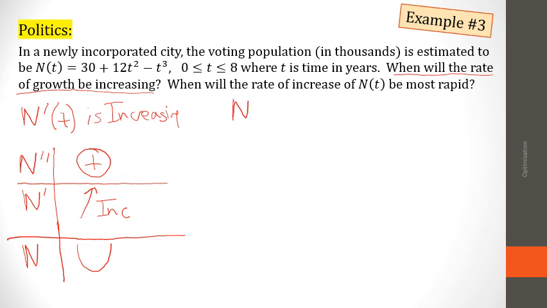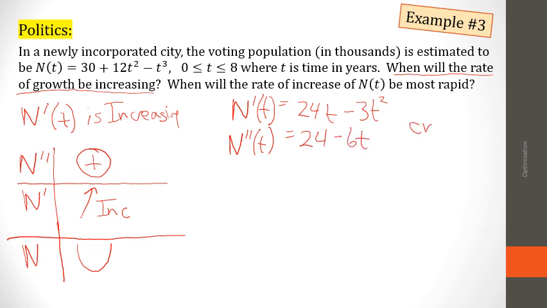So n prime of t equals 24t minus 3t squared. And since we need to look for when the second derivative is positive, we take the second derivative, and we get 24 minus 6t.